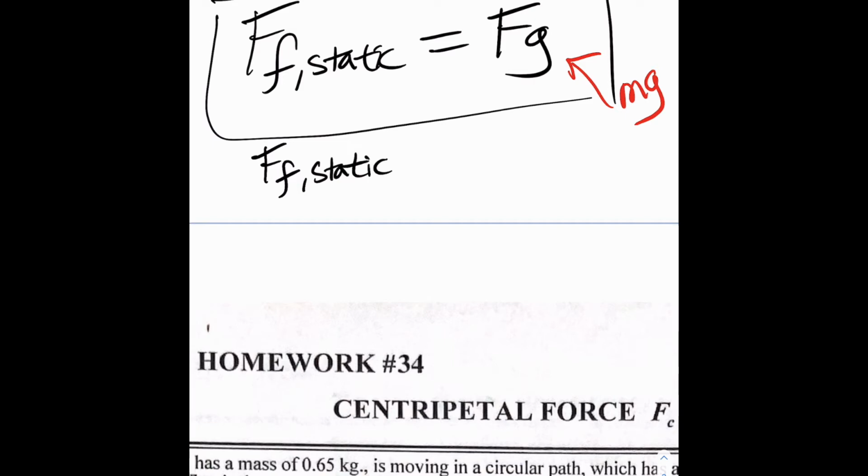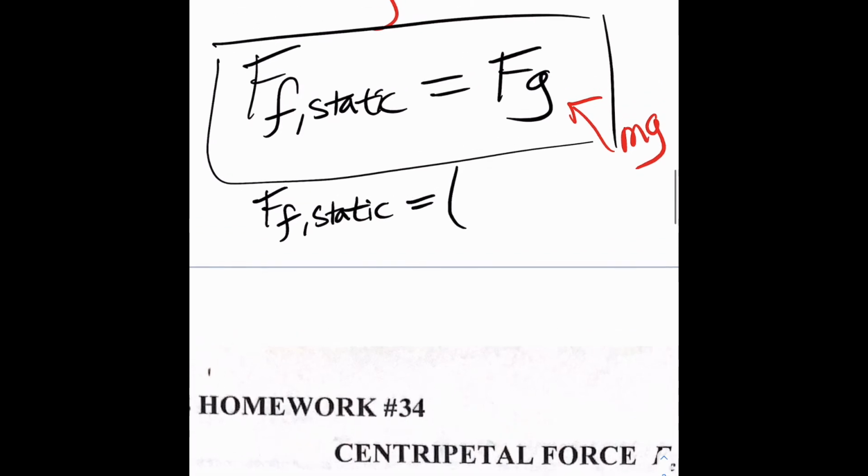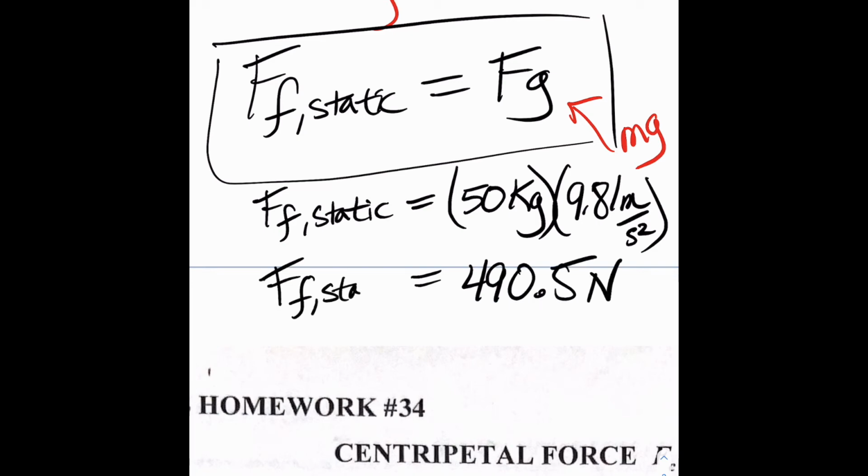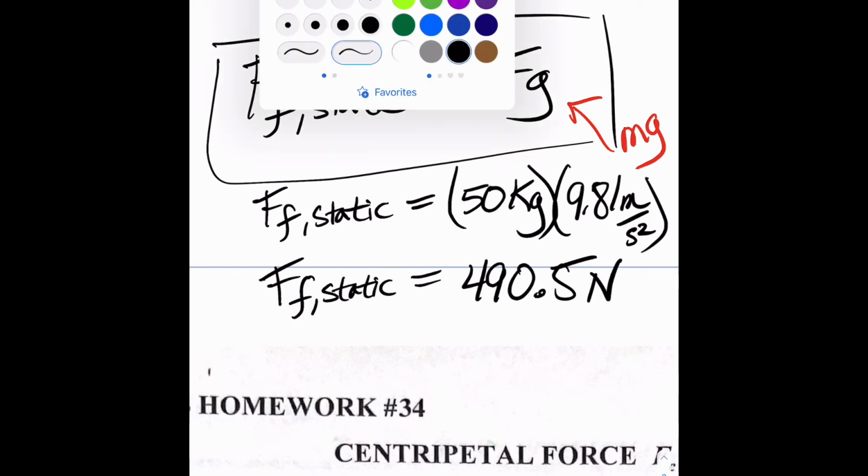Could have just called it force friction, but we're being a little more descriptive. 50 kg times 9.81 is going to be about 490.5 newtons, which is the minimum static frictional force to keep this person from falling.